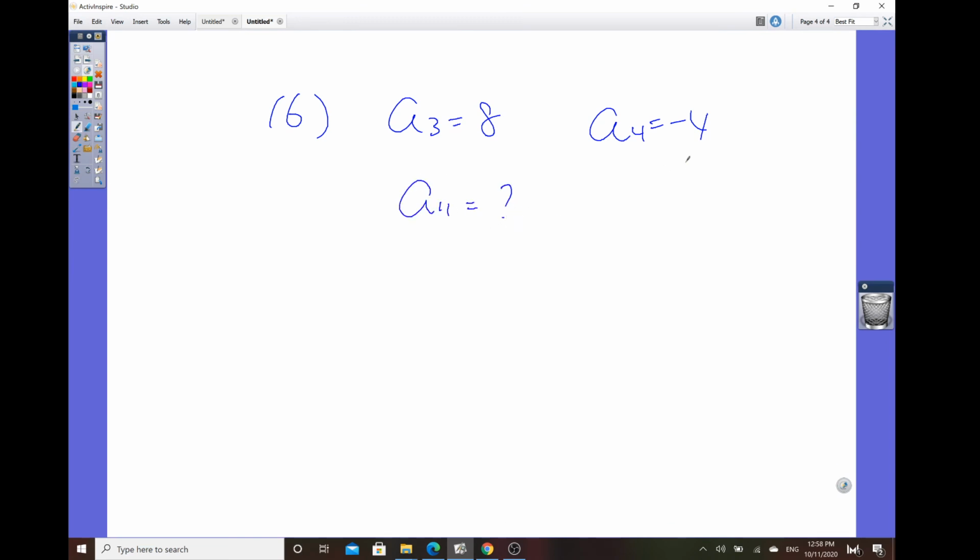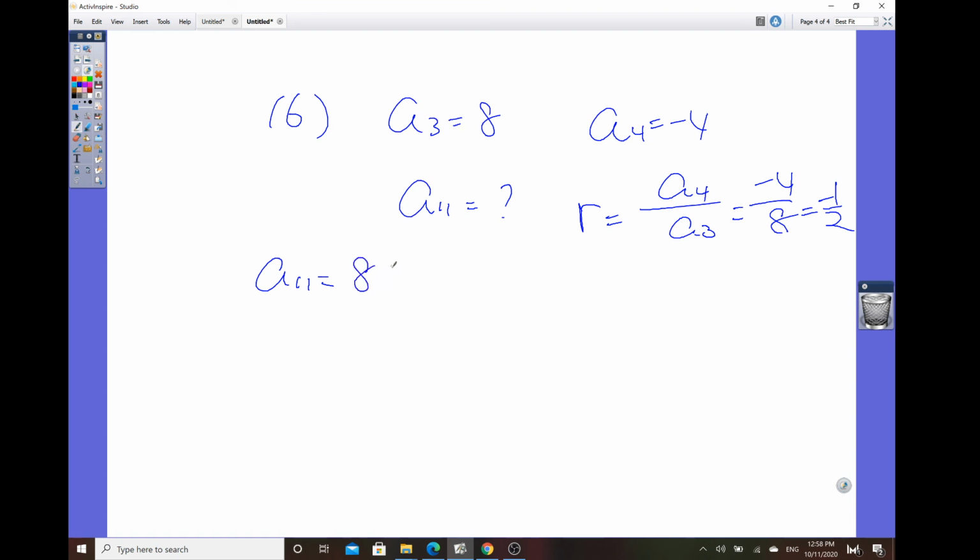So first thing that I want to do, find the common ratio. Simply divide it, higher term divided by the lower term. So negative 4 over 8, which is what? Negative 1/2. And then once you get the common ratio, you want to find out a sub 11. So using the lower term, doesn't matter, you can use the lower term or the higher term as a sub 1.